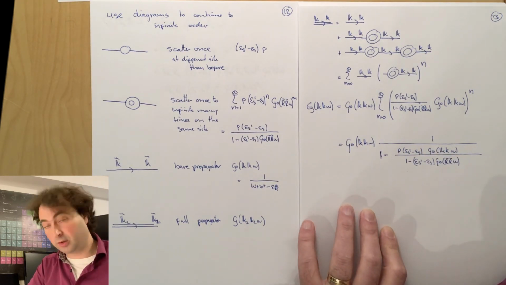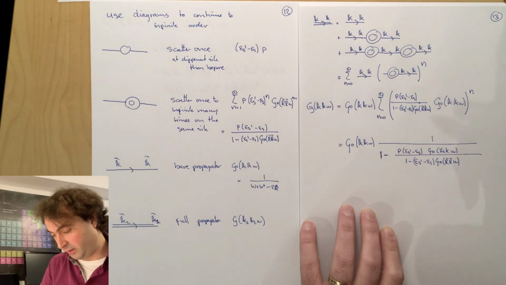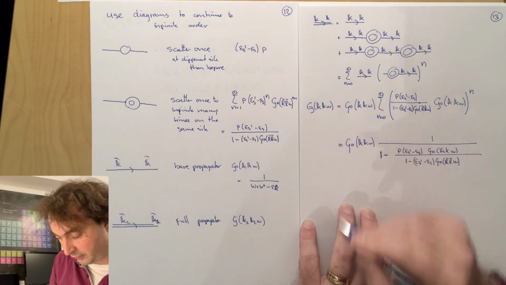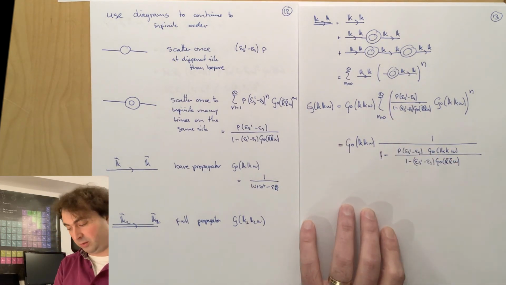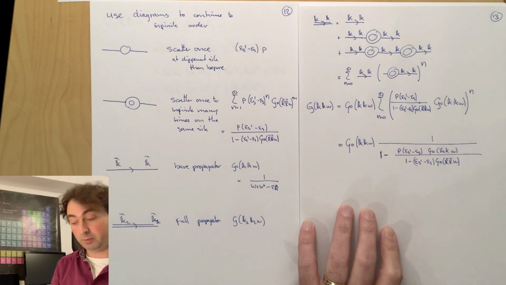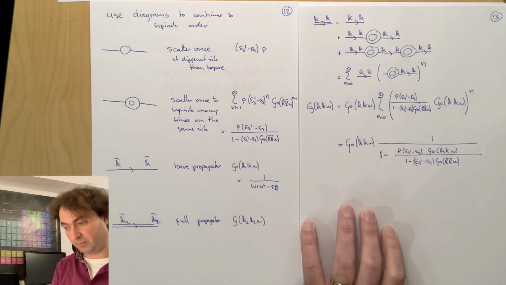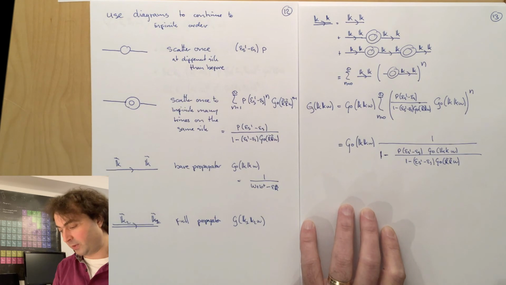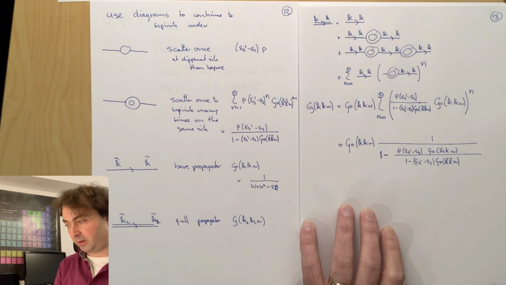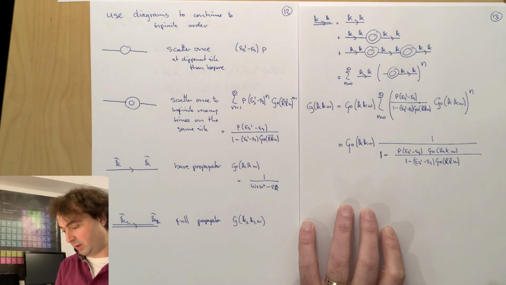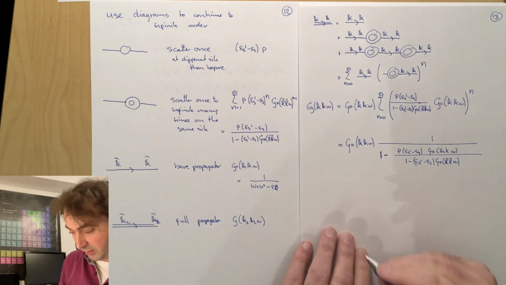So now we should Fourier transform and see what the lifetime is in which your state created with crystal momentum k stays with crystal momentum k. Now, before we do that, we can make a few simplifications and introduce the self-energy.